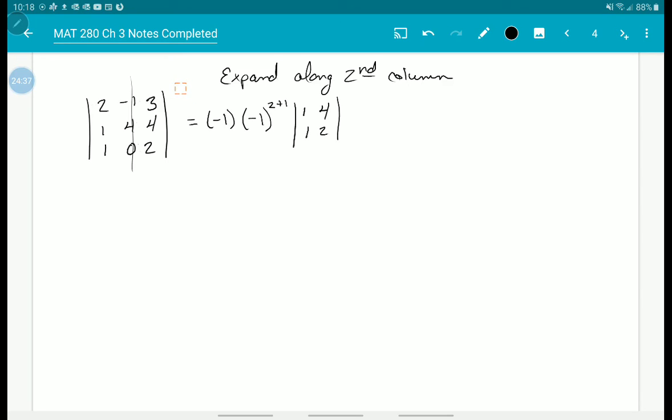So now, I'm still going down that column, but now I'm taking out that row. So I'm going to have a 4 here, times negative 1, second row, second column. Minor is this. And then when I take out that last entry in that row, that's where my 0 is.